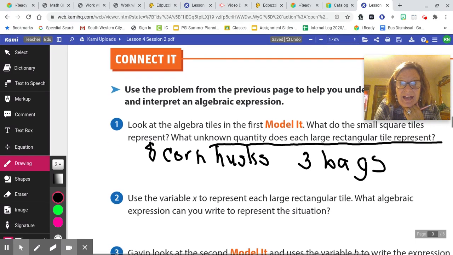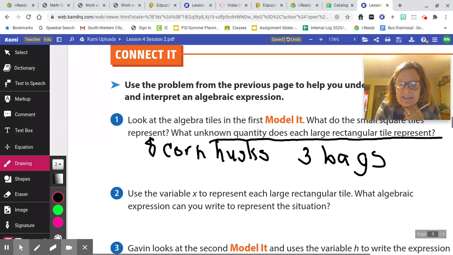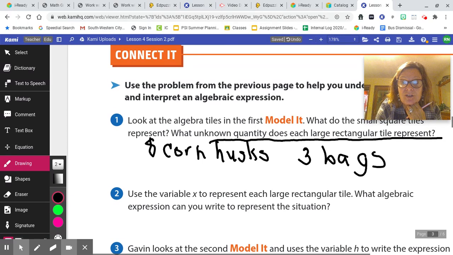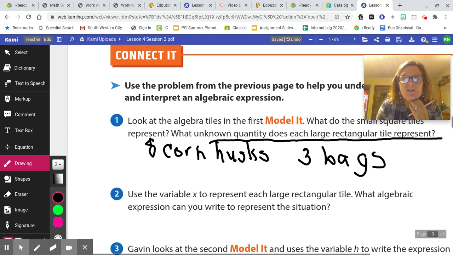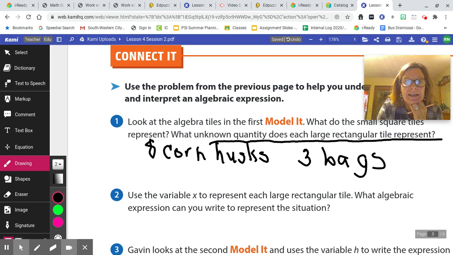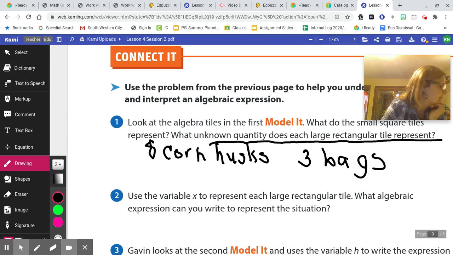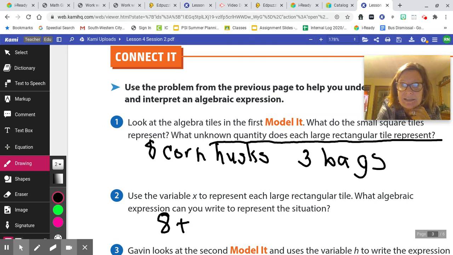Use the variable x to represent each large rectangular tile. What algebraic expression can you write to represent the situation? I want you to stop the video and see if you can write an expression and have it match mine. Okay, hopefully you did. You could have written 8 plus, and it doesn't matter what letter I use, but in this case, it said to use the variable x.